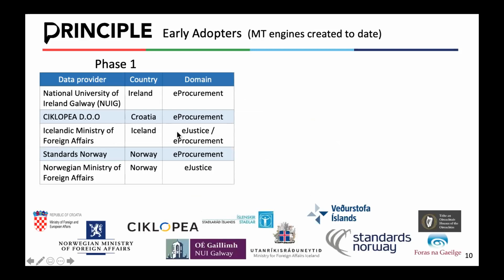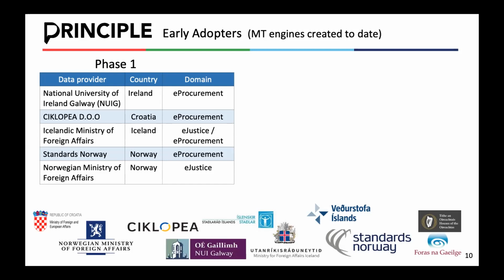So phase one, and then the early adopters that we managed to get on board across the 4 countries in phase one. So phase one started in August, because the first 6 months we had to prepare the data and talk to the early adopters, but the actual engines were created from August to October last year, 2020.